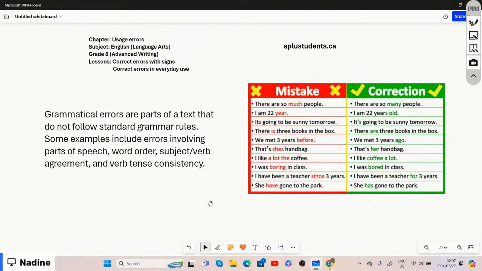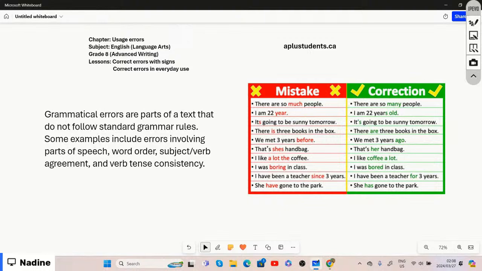Also, certain words that, for example, do not fit within that specific sentence. And some examples of usage errors include errors involving parts of speech, can be a word error, can be a word order, or a subject verb agreement, or it can even be a verb tense consistency, right?